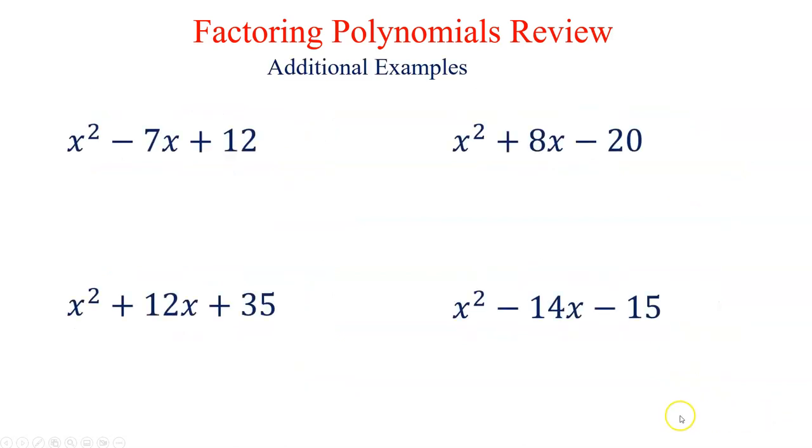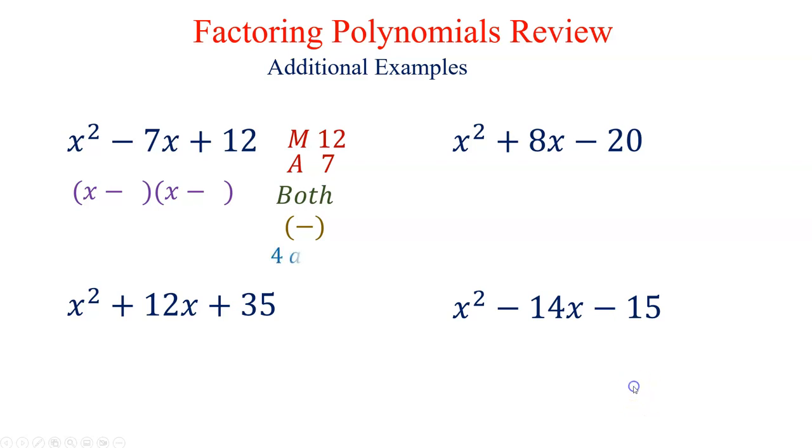4 more examples. So we're just going to go straight with the M. There's my M12, there's my A7. Because I said A, B, both will be negative. Set up my answer. The two numbers that multiply to get 12 and add to get 7 are 4 and 3. Place my larger one first as a recommendation.